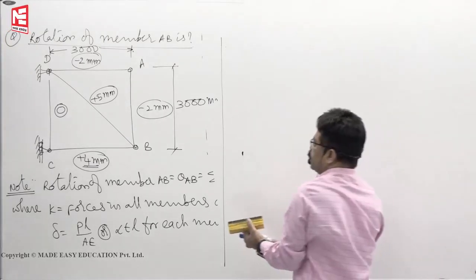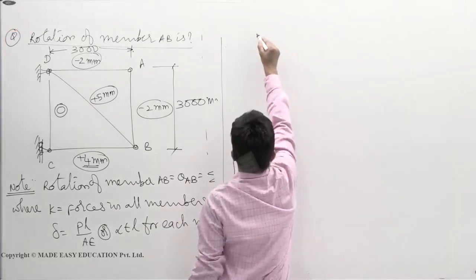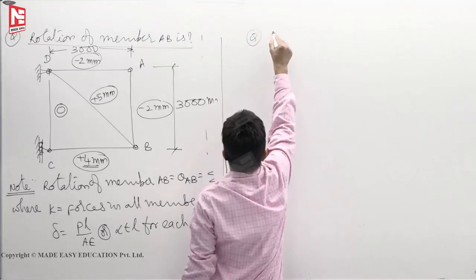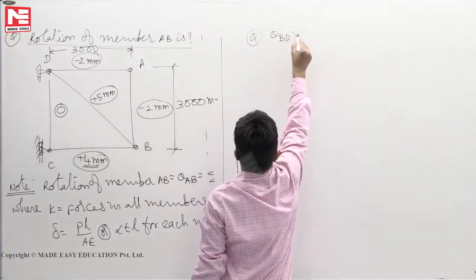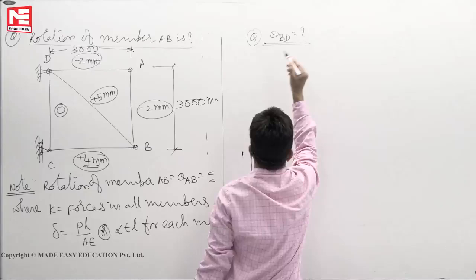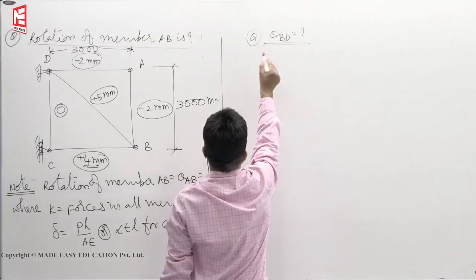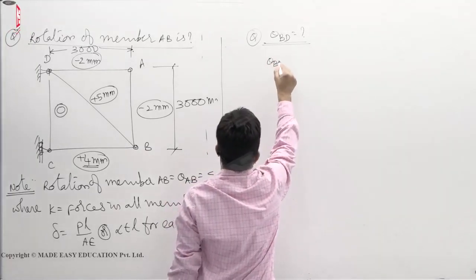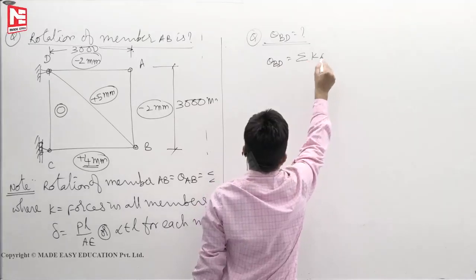Now you want to find the rotation of the member BD. So theta BD is summation of K into delta.